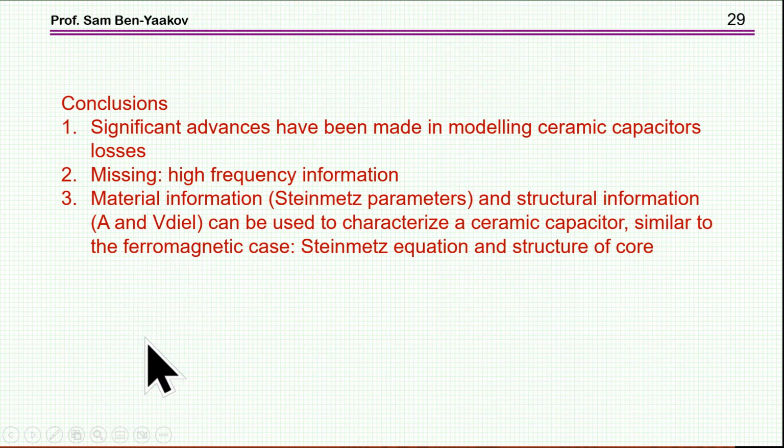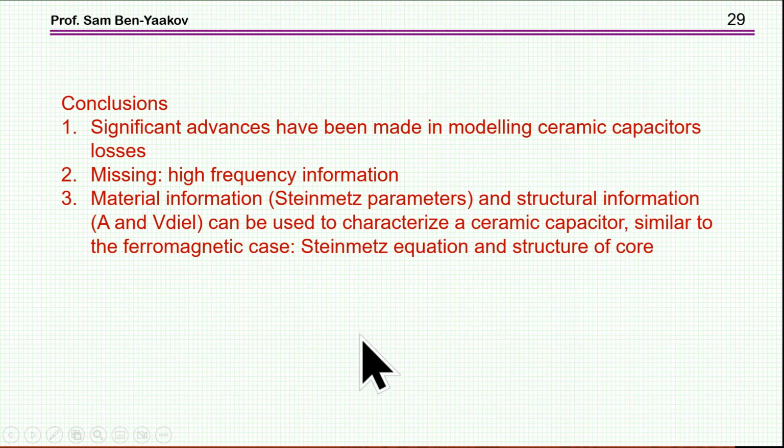And the point actually that I've shown is that we are now moving from the device-oriented model to a material model in which we need material information and structural information, the area of the electrode and the volume enclosed in each one of the chambers.